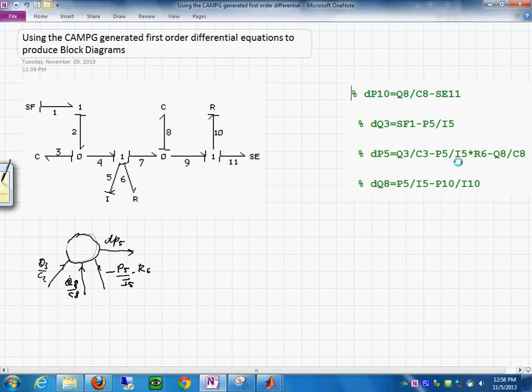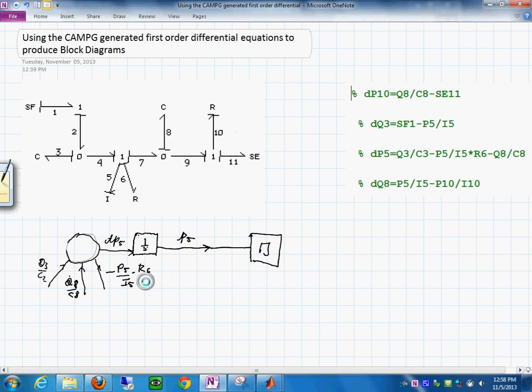That's this part in here. From here you can see that you could integrate this, 1 over s over here, and this will produce p sub 5. Maybe we could just put the scope in here like this.